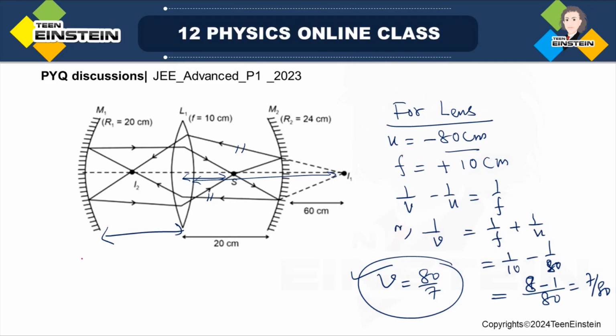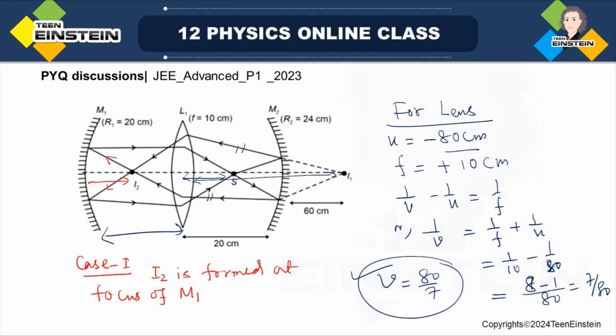So let us say this is case 1. So in case 1, let us say I2 is formed at the focus of M1. If that is the situation, this I2 is going to act as an object for the mirror M1. These rays will now get reflected by M1.